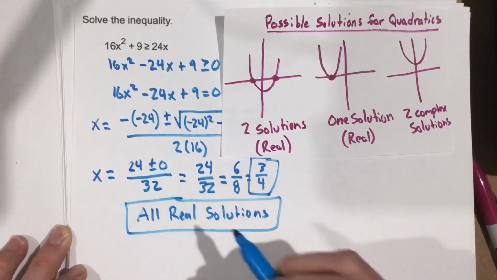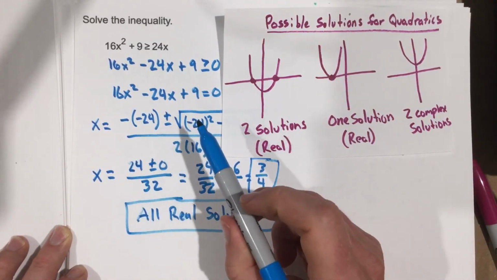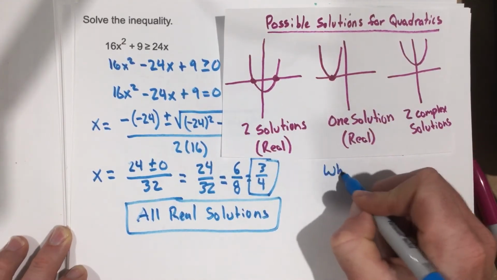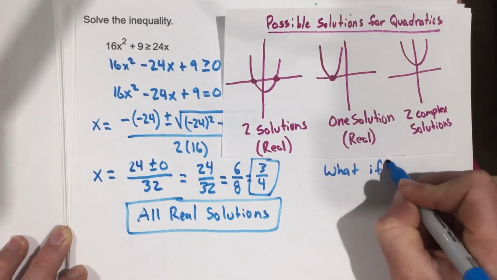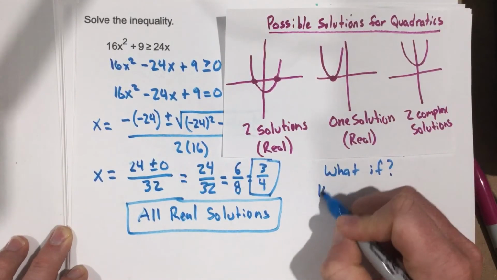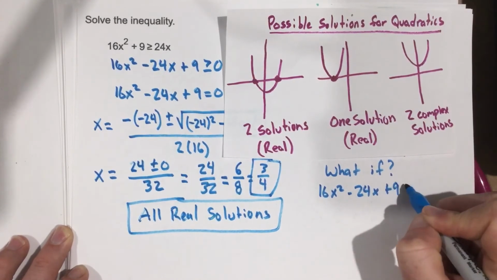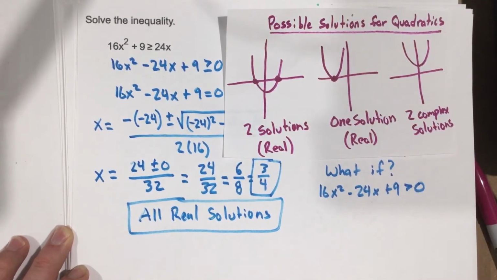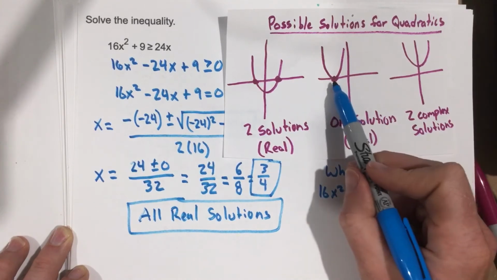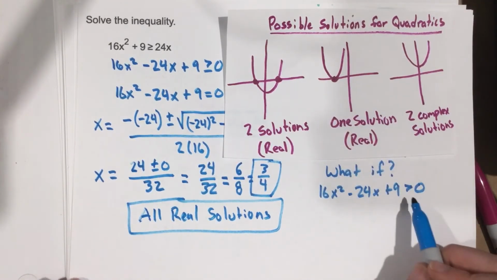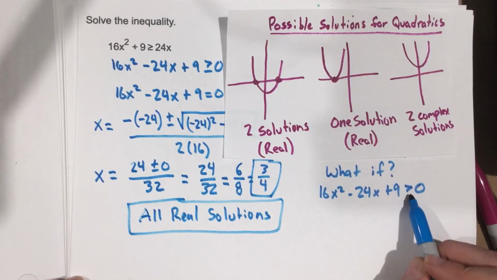Now I do want to just change this problem very slightly. What if this did not say greater than or equal? What if we had 16x squared minus 24x plus 9 greater than 0? Well, now it still touches that spot on the x-axis, but our greater than sign is not greater than or equal to.